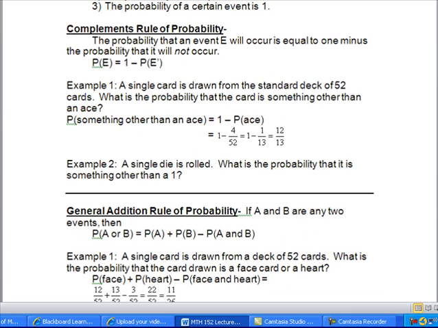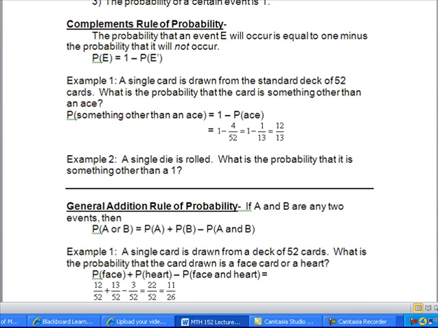Okay, now we're ready to look at what is called the complements rule of probability. The probability that an event E will occur is equal to 1 minus the probability that it will not occur. So the probability of E is equal to 1 minus the probability of not E. There are a couple of ways to indicate not E. One way is to use the accent mark, or the prime mark.